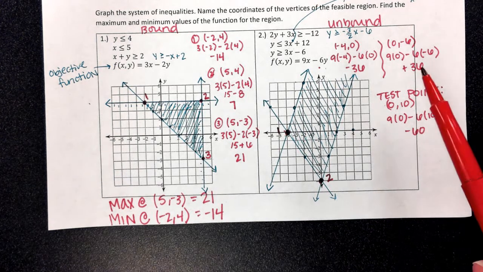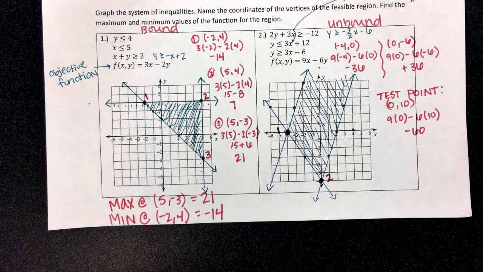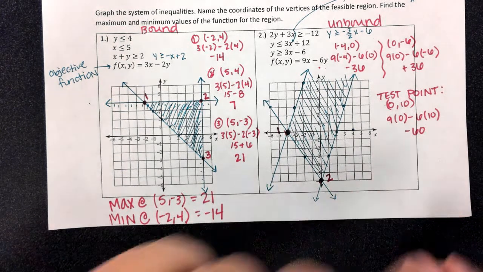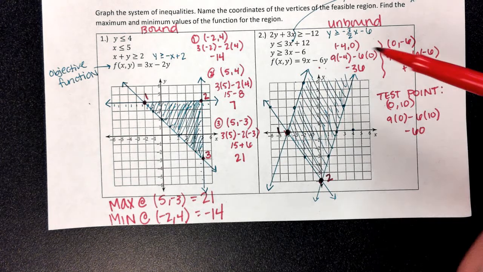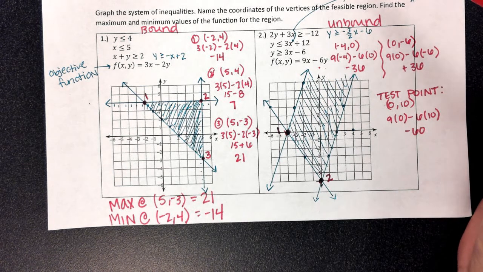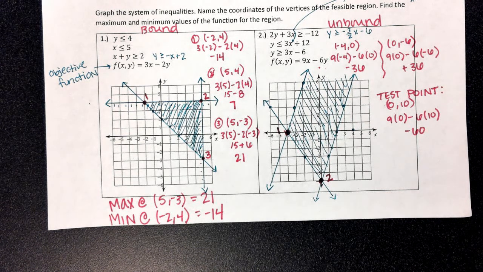So now, how do I figure out if I have a maximum or if I have a minimum? This test point got bigger negative, which actually is a minimum, correct? So what do you think will happen if I test 0, 12? It'll be an even bigger minimum, or a more negative number.